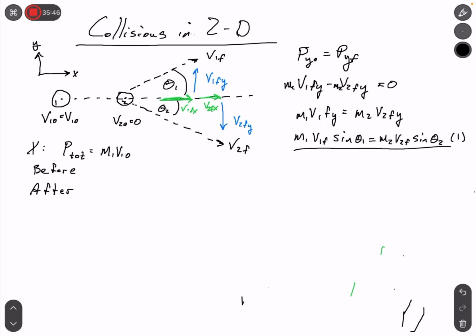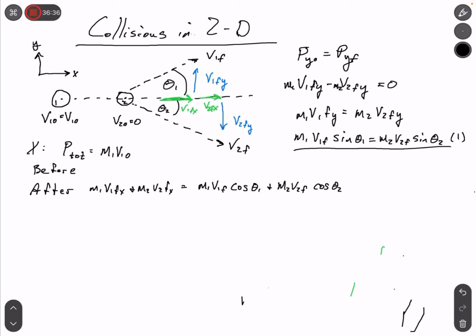So after, we've got m1 v1 fx plus m2 v2 fx, and of course we know that that equals m1 v1 final cosine of theta 1 plus m2 v2 final cosine of theta 2.